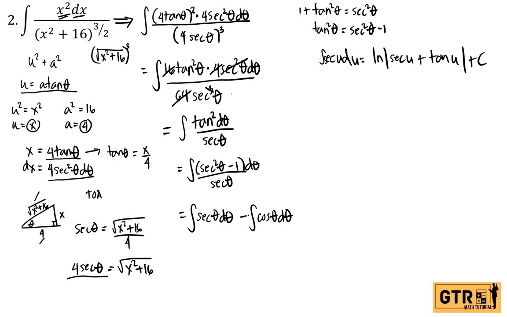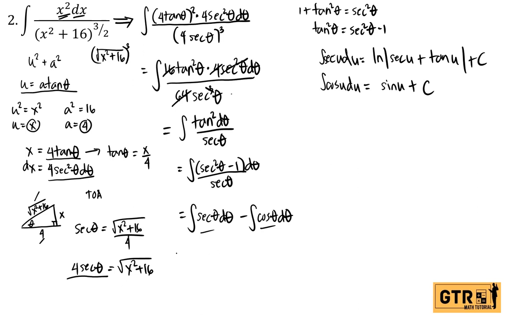And for cosine u du, we also have a direct formula, and the answer is sine u plus c. So just apply these two formulas to this integral.